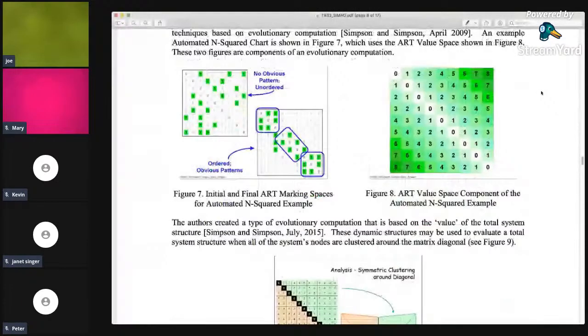So anyway, we went through and worked on the n-squared charts. On the dynamic ART approach in the n-squared example, we do this differently than Hitchens or the other genetic algorithms or evolutionary programs do, because we don't work on one cell at a time.